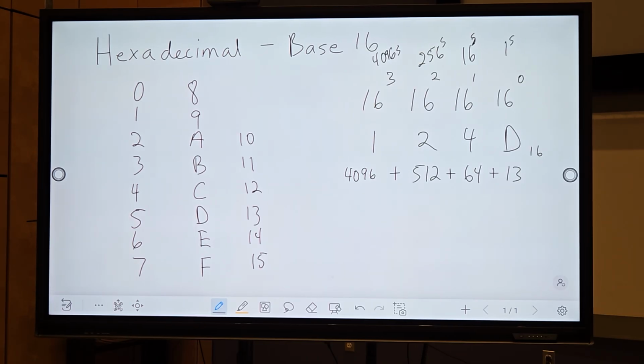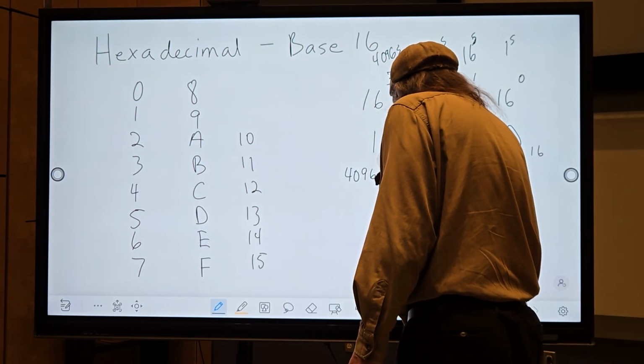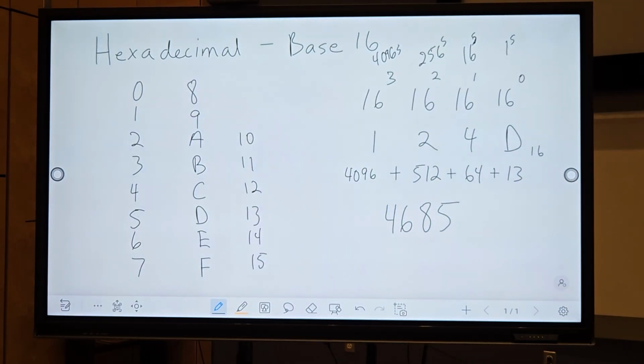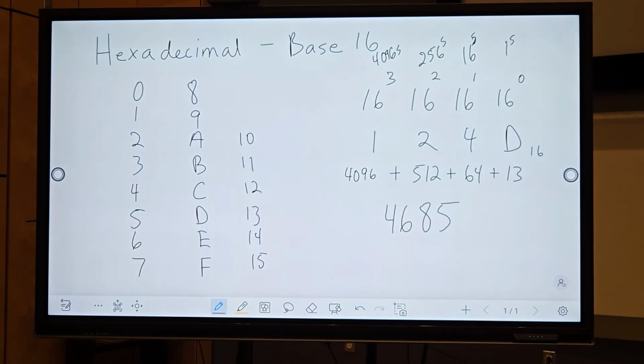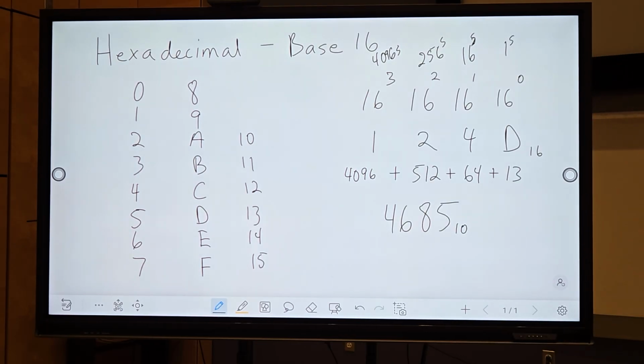So it'd be 4685 in base 10. Is that right? Somebody with a calculator check my math? Is that right?